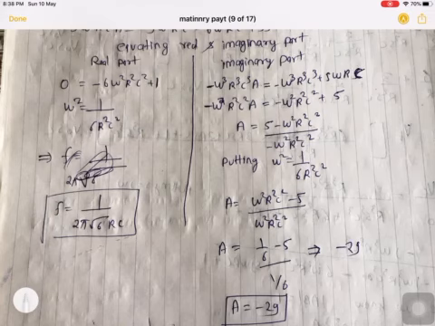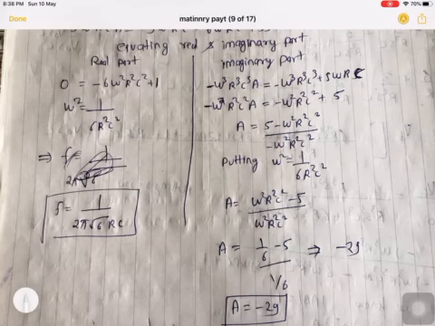Now equating with the imaginary part, it gives minus omega cube R cube C cube times A equals minus omega cube R cube C cube plus 5 omega RC. Now solving this equation, omega RC cancels, then A comes out to be 5 minus omega square R square C square divided by minus omega square R square C square.